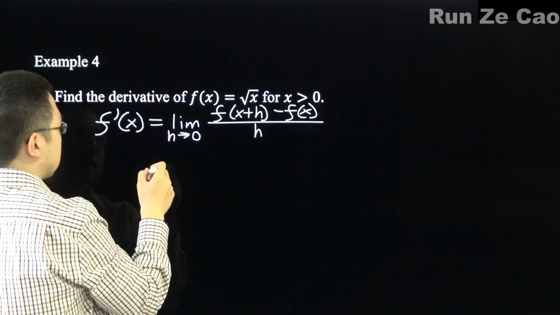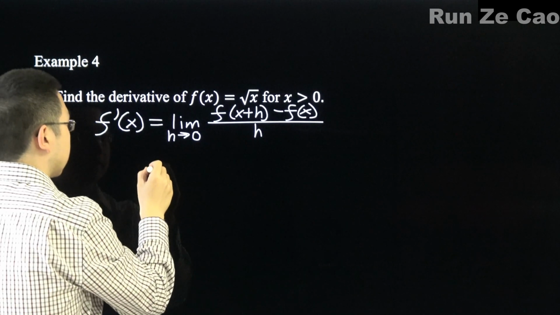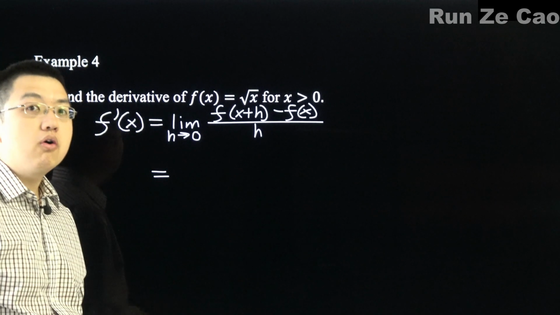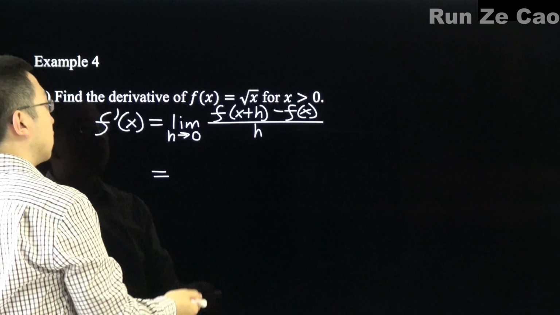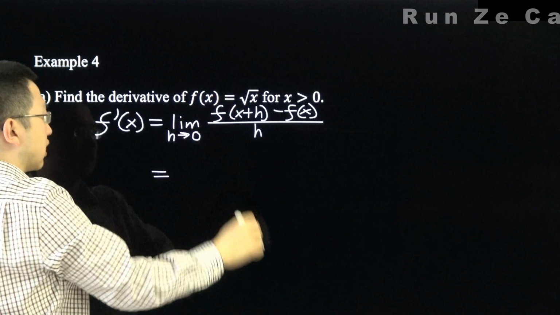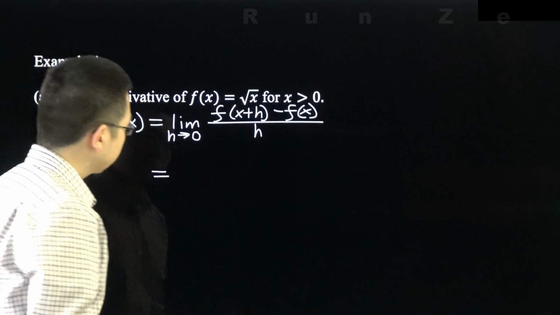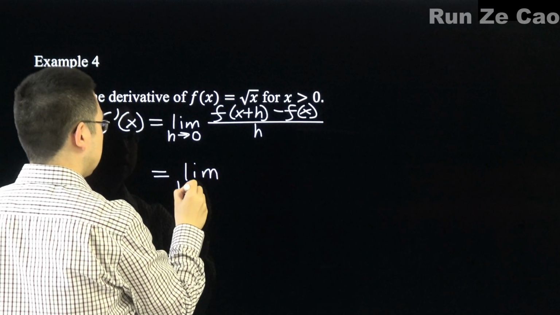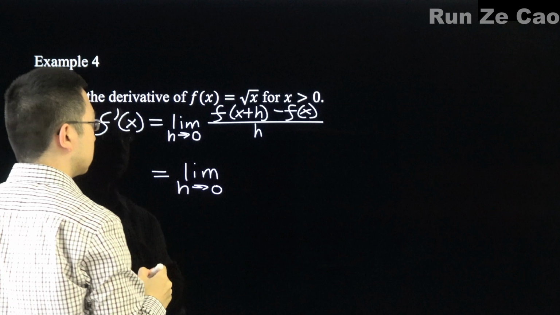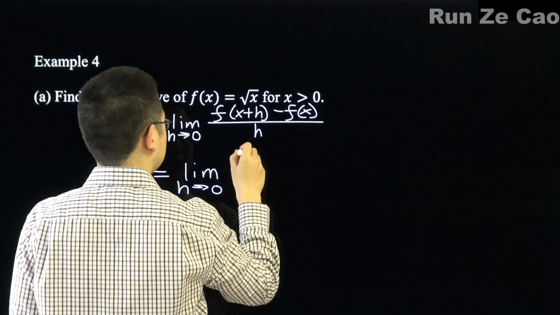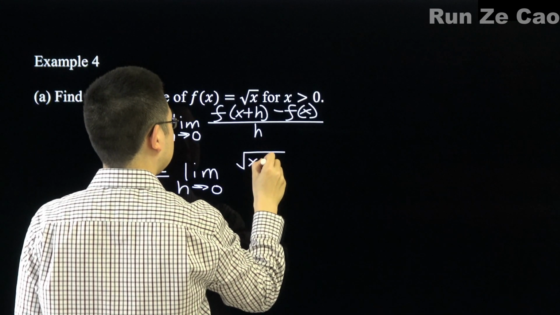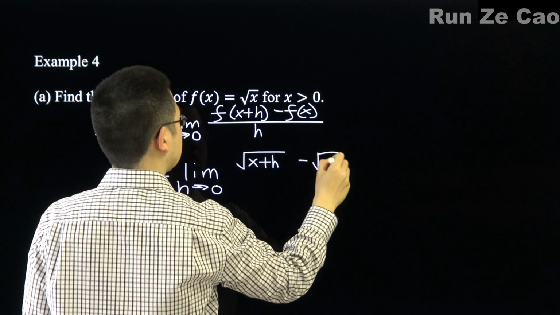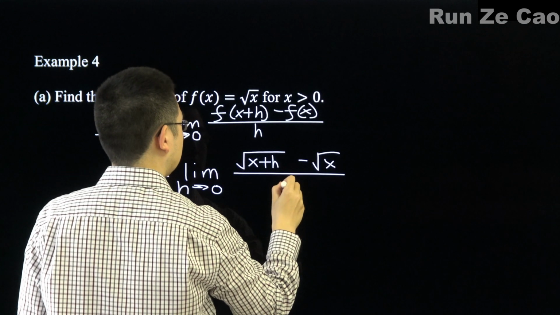Okay, so what is f of x plus h? And how can we manage to somehow make this not have a whole bunch of root signs that we can't put together? Well, let's see. Limit as h goes to 0 of root of x plus h minus root x over h.